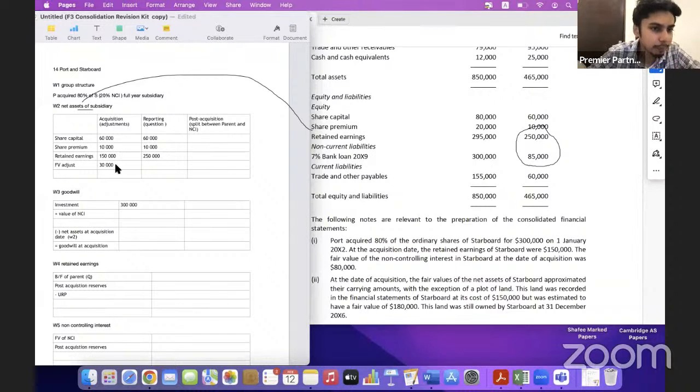So that time only it happened. That's why I'm writing it here. And this has to be reflected in our financial statement. Now see, this land is still owned. We still have the land. We have to show it in our financial statement today. Because it should be reflected in the financial statement, in the reporting column also we have to mark it and show it. This is only step number 1.